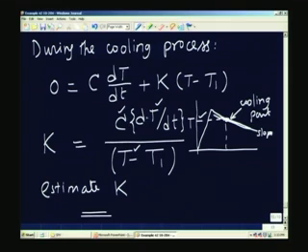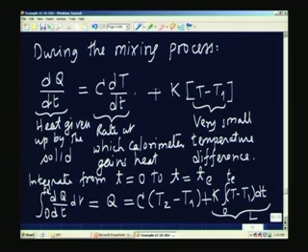Therefore, I get C into dT/dt divided by (T minus T1) equal to K. This K is going to be used in the earlier expression. That means, here I am going to put that value of K. So, use estimated K.